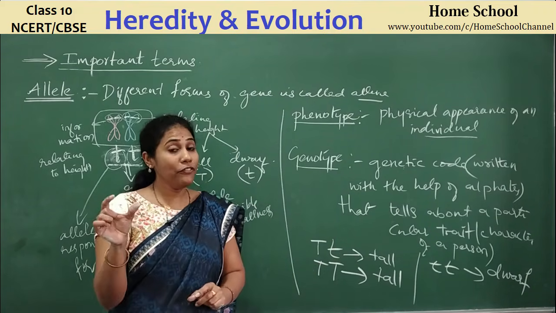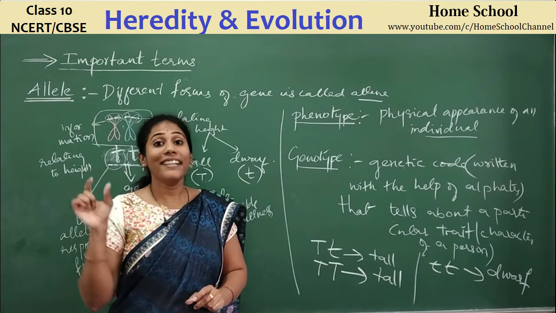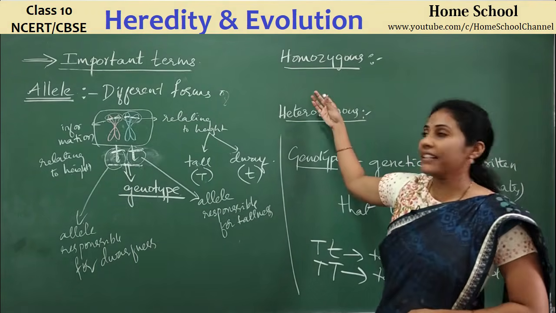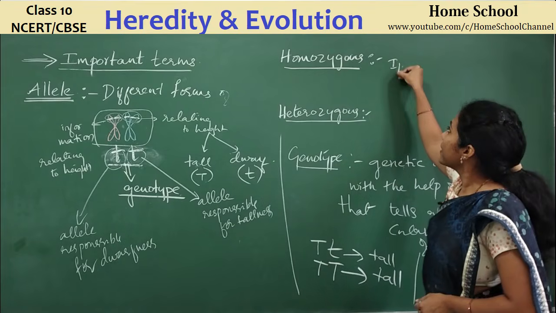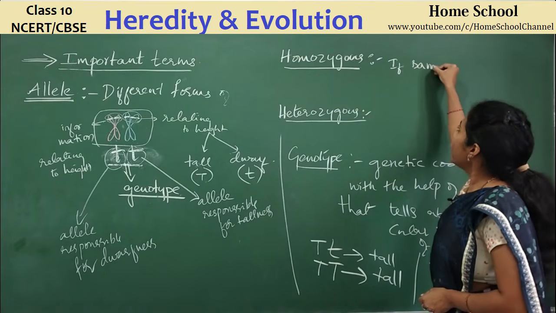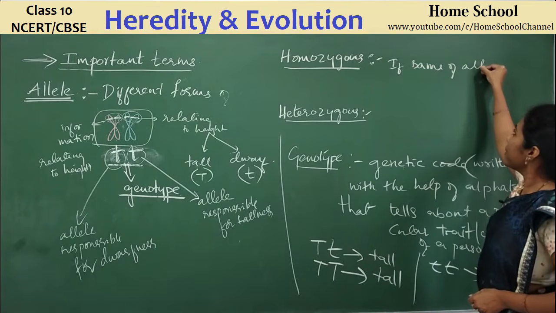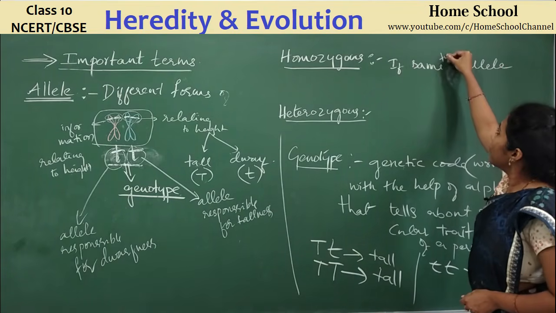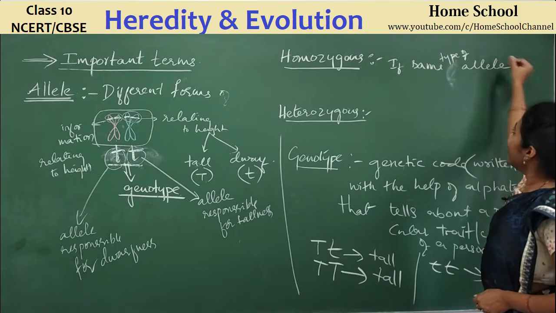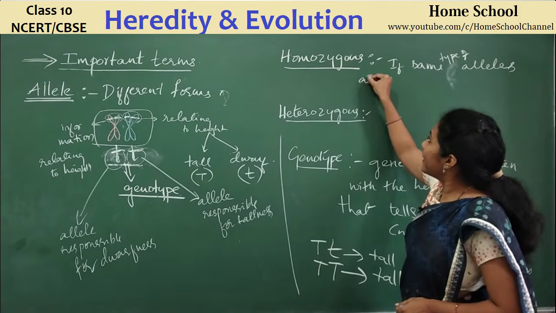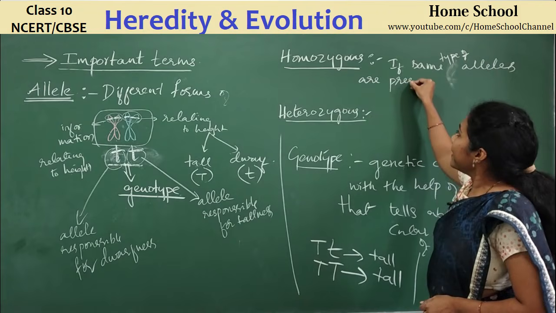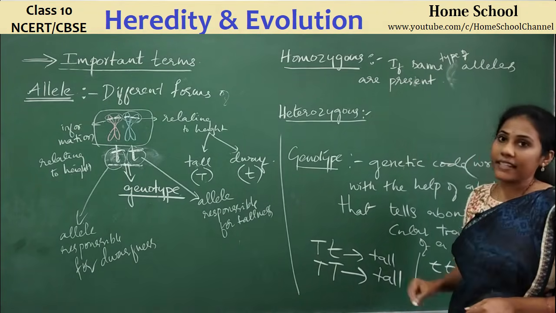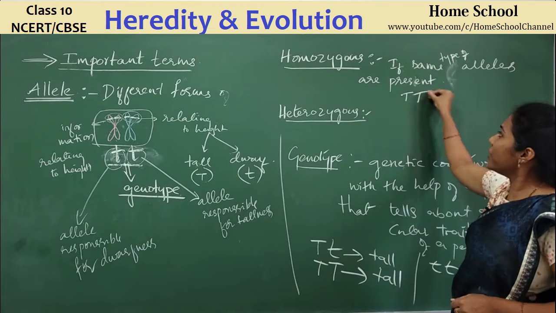Now, homozygous and heterozygous. Homozygous condition is when the same type of alleles are present. Say, for example, you see this genotype.